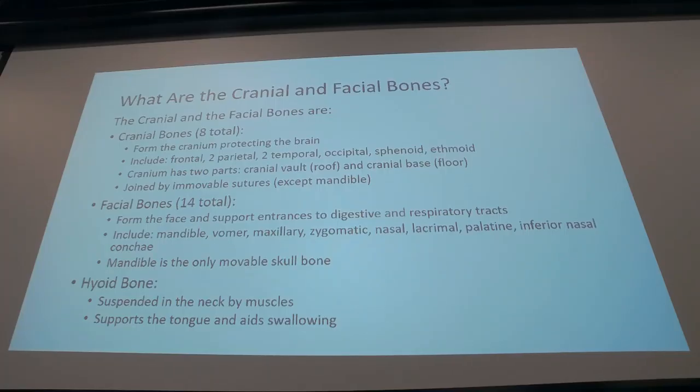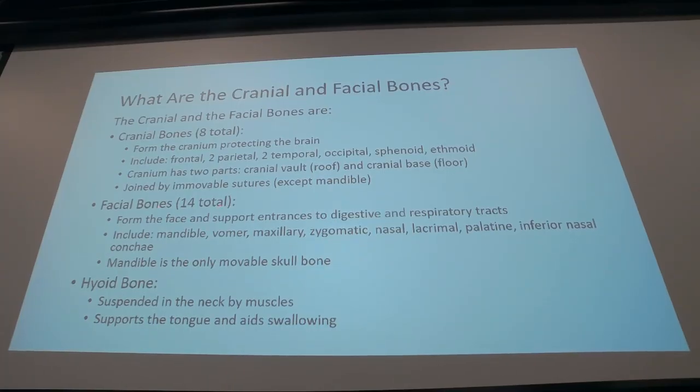You can talk and eat. So these ones don't move for protection, right? We want to protect our brain. And then we want to move, we want to eat and talk. So that's why we have a freely movable joint here.